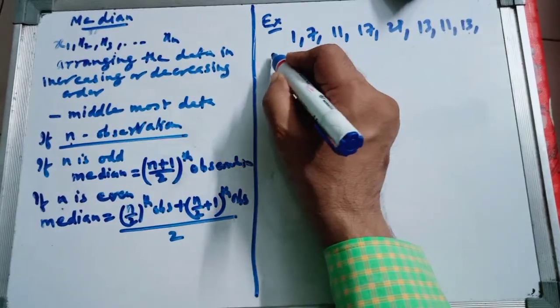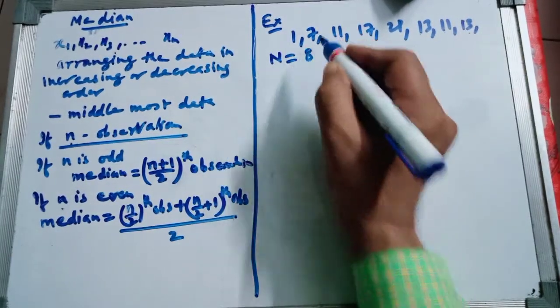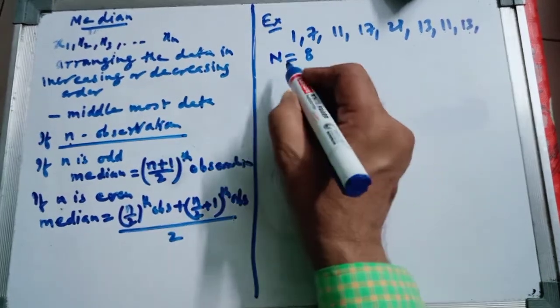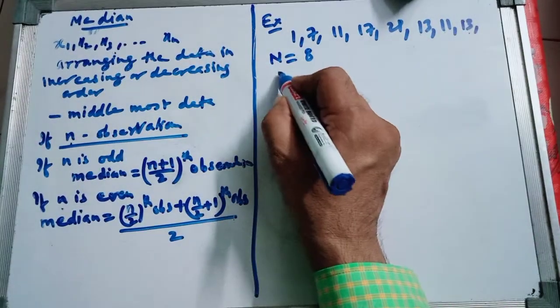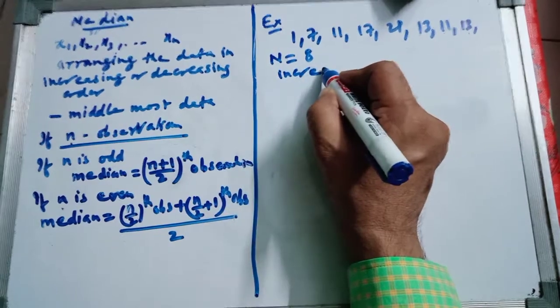Okay, so now you see n is equal to 8. Now arrange the numbers in the increasing order.